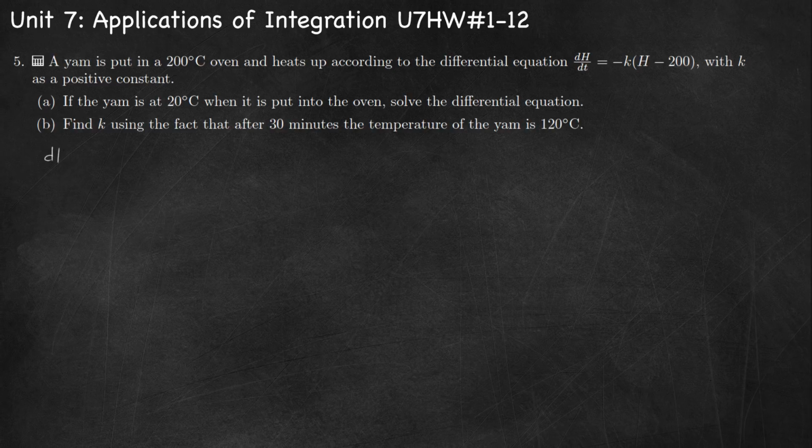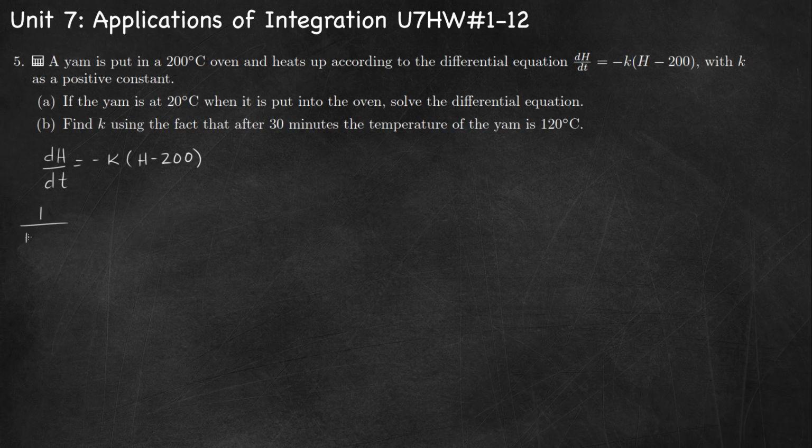So let me write down the differential equation first. We have dH/dt equals negative k times (H minus 200). We want to separate our variables, put all the H stuff on the left, put all the t stuff on the right. So I'll divide both sides by H minus 200 and multiply both sides by dt.